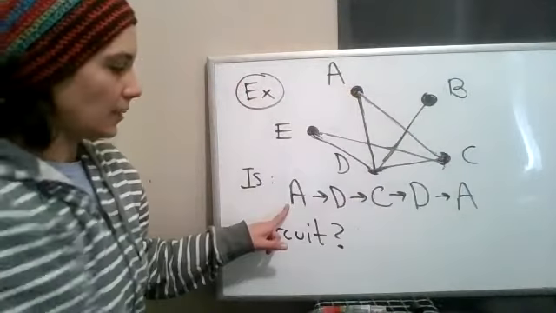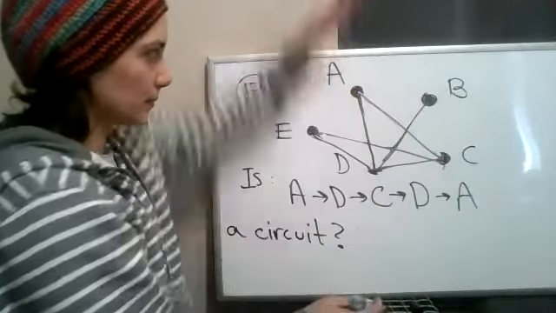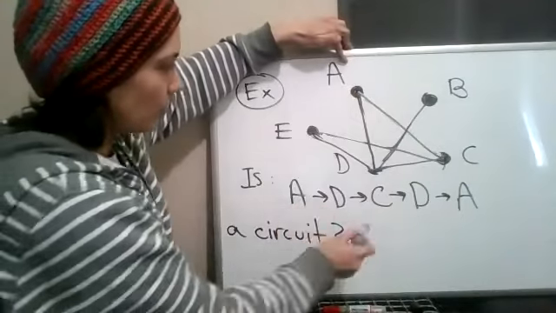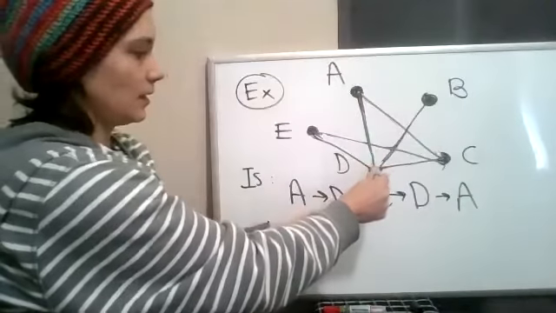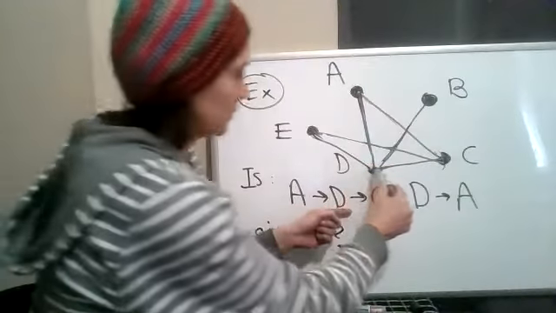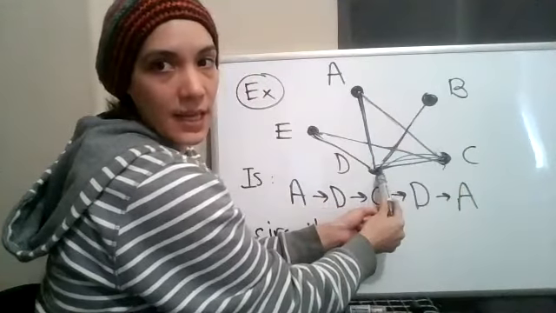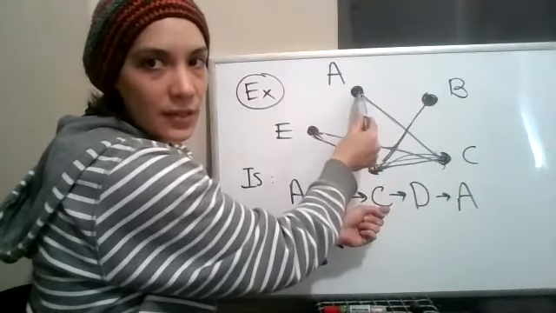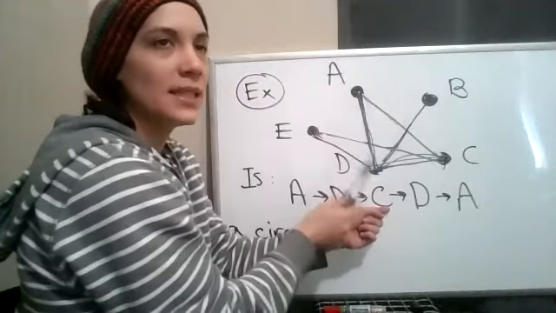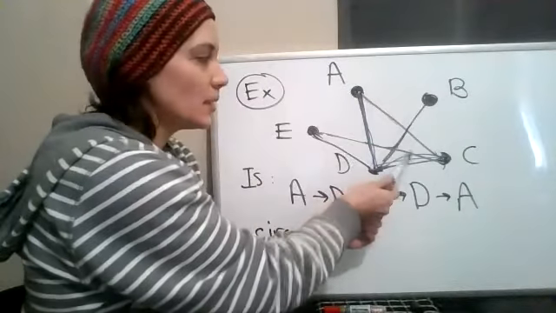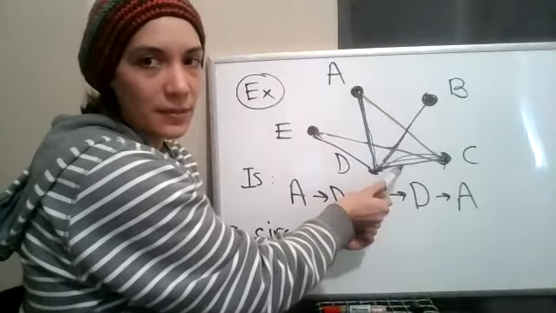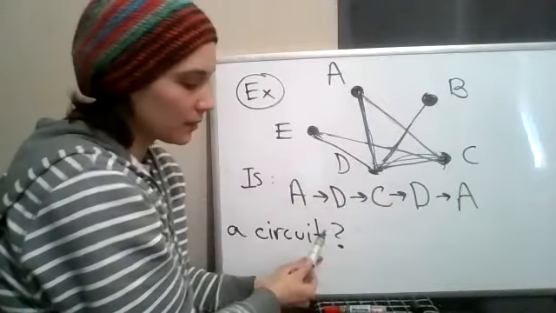Okay, starting at A. Go over to D. And then cross to C. Oh no, we're going to go back to D. And then you end at A, so the end is the same as the start, but this needs to be a path as well. So if you reuse that edge, it's not a path, which means it's not a circuit.